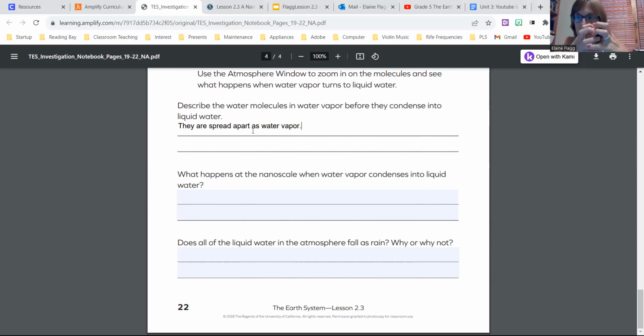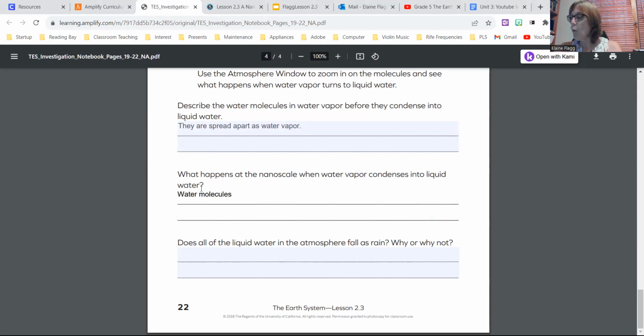When they're liquid water, they come close together, water vapor spread apart. What happens at the nanoscale when water condenses into liquid water? Oh, go ahead and write that answer to the first one. But if you already wrote something about they're spread apart as water vapor, very good.